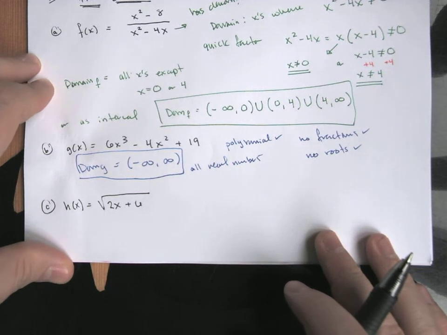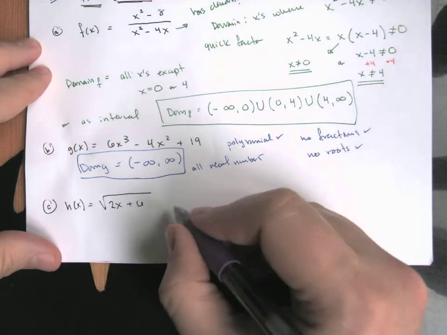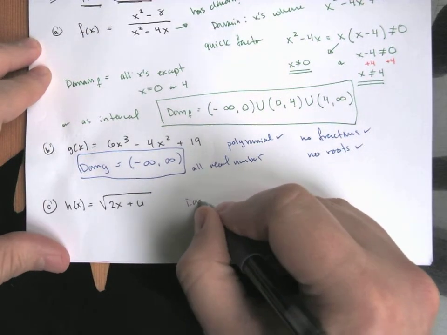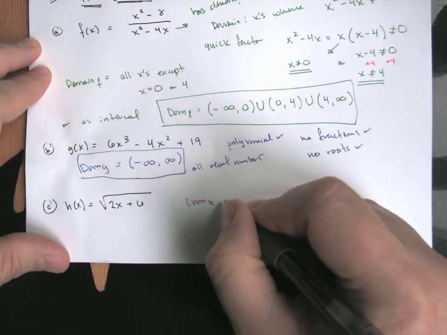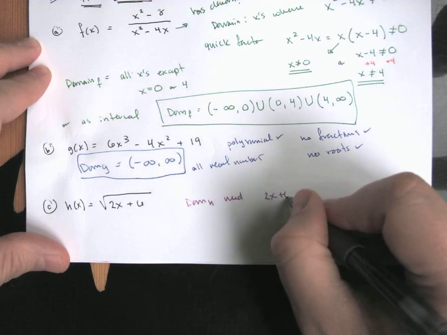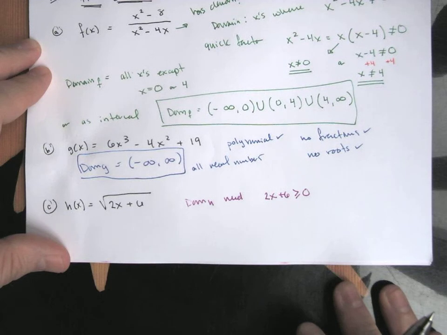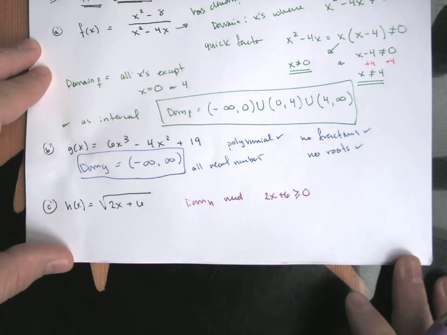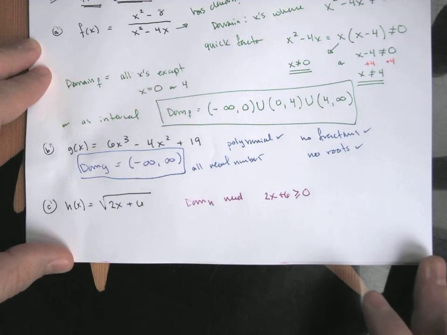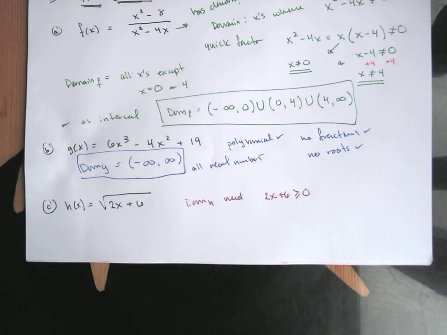So our domain for h, our restriction is that we need 2x plus 6 greater than or equal to 0, right? No negatives underneath the root means we have to be greater than or equal to 0. 0 itself is fine. I can have the root of 0 is 0. That's just a thing that can happen, and that's okay.